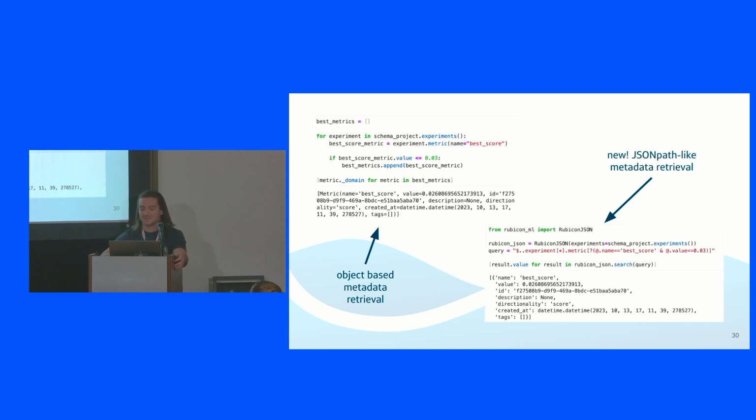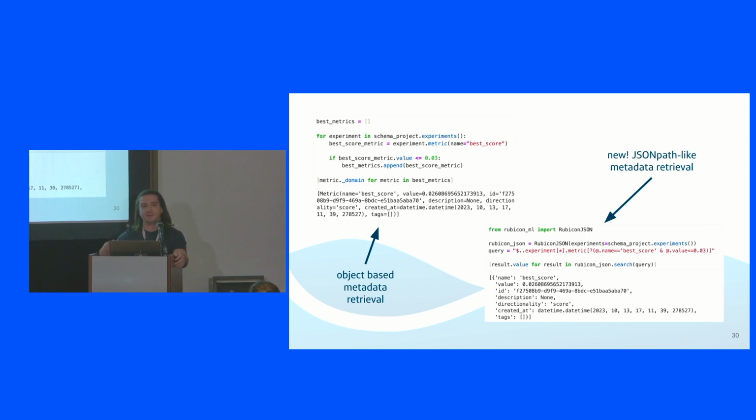Now I know personally I would much rather just use the Python, but got to work with our users, and we're currently exploring other querying languages that may be popular. This, just like a lot of the other stuff in Rubicon, is based on an open source library called JSON Path NG. We're pretty much funneling a lot of the work out to that.